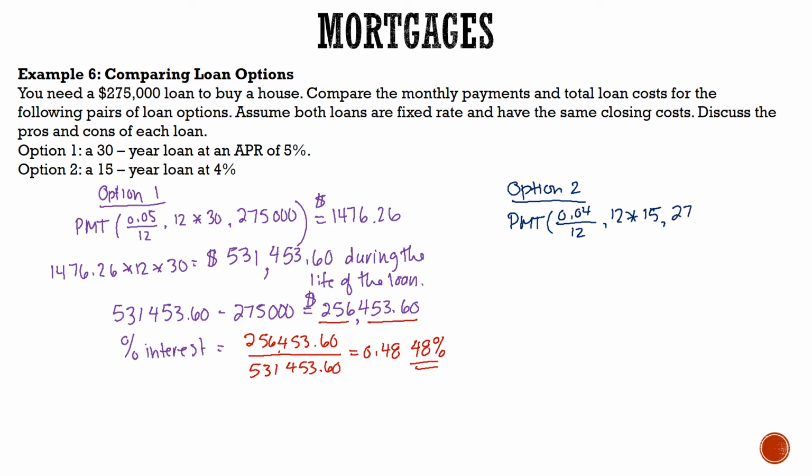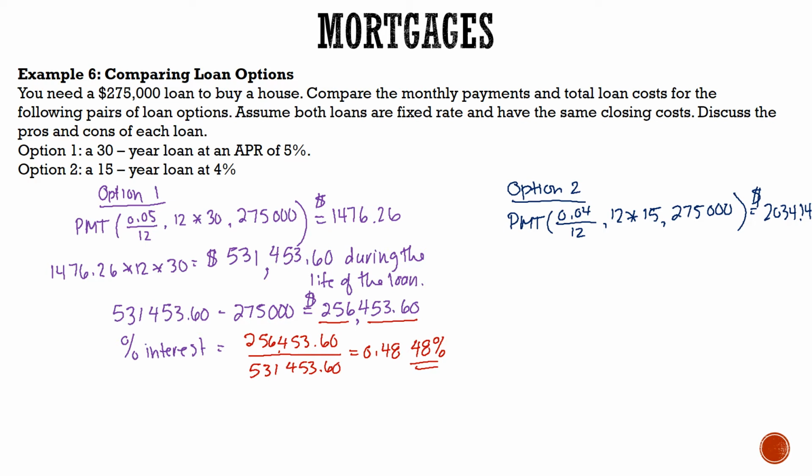That'll be 275,000. And that's going to give us a monthly payment of $2,034.14.